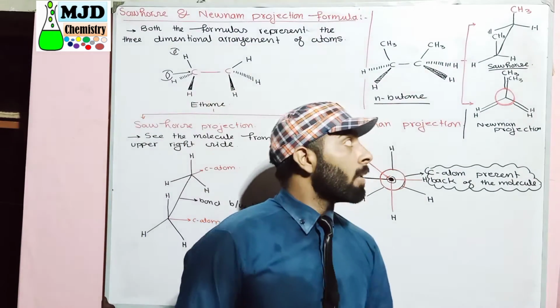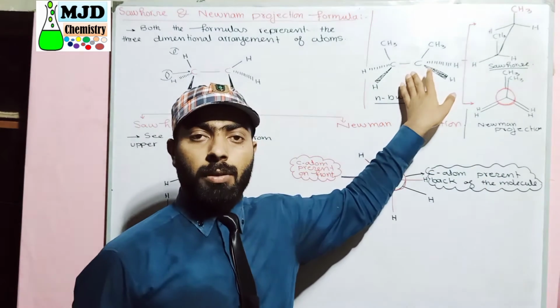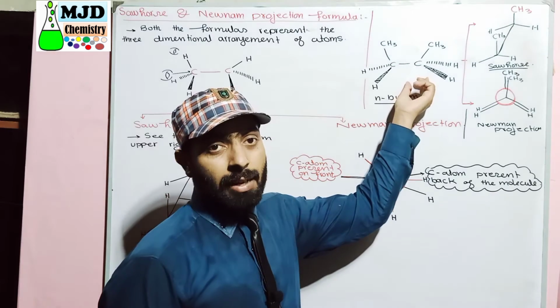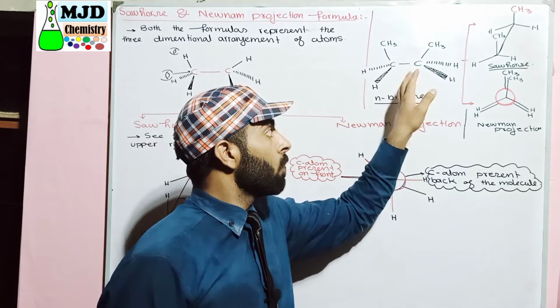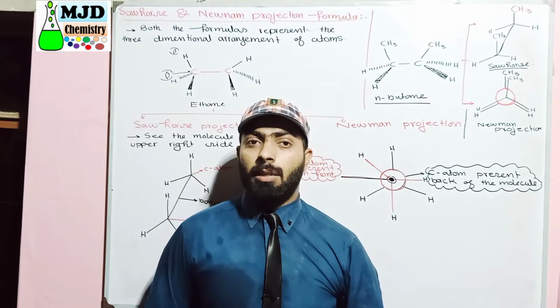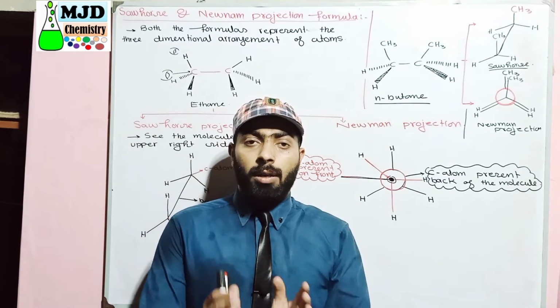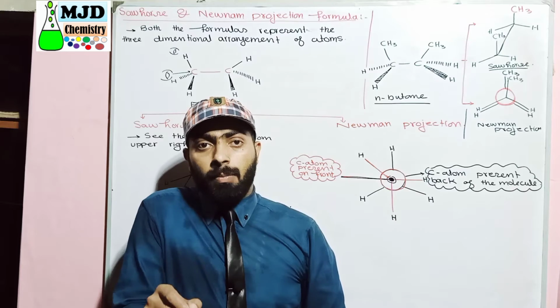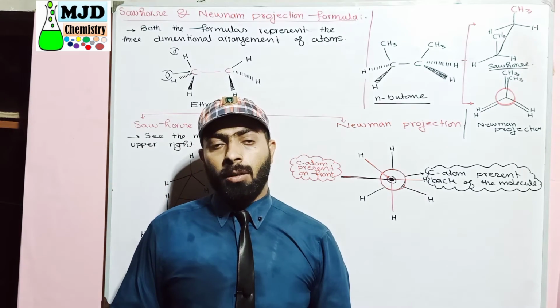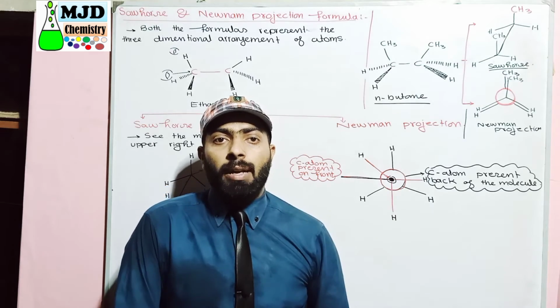We have a structural formula of n-butane. That is a wedge and dash structural formula of n-butane. We want to write this formula. First of all, we write the Sawhorse projection formula. To write the Sawhorse projection formula, we observe the molecule from the top. What do we do to write the formula?